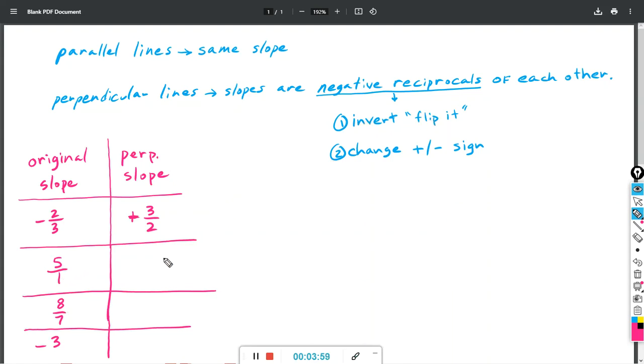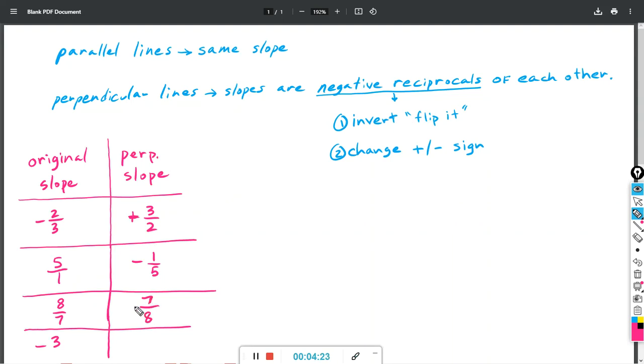So the first step is to flip it. 5/1 becomes 1/5. And then change the plus minus sign, negative 1/5. Okay? If the original slope is 8/7 and we want the negative reciprocal, we flip it, make it 7/8. Okay?